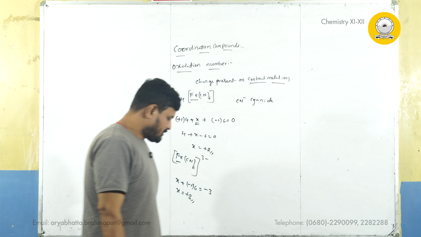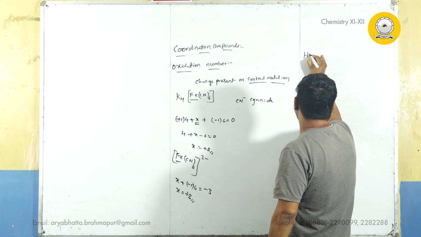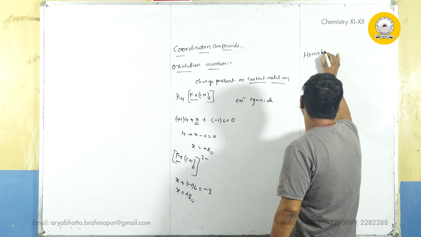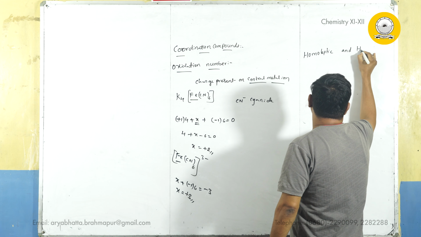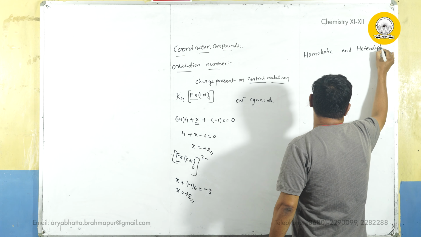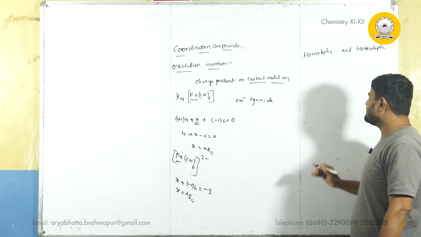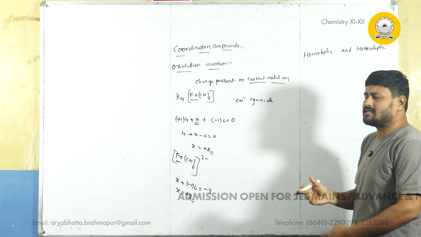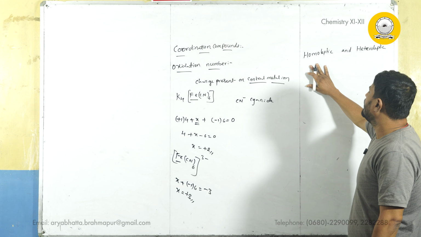The next terminology is homoleptic and heteroleptic complexes. What is a homoleptic complex and a heteroleptic complex? Here I am giving examples, then you can easily find out the definitions. K4[Fe(CN)6] is homoleptic.